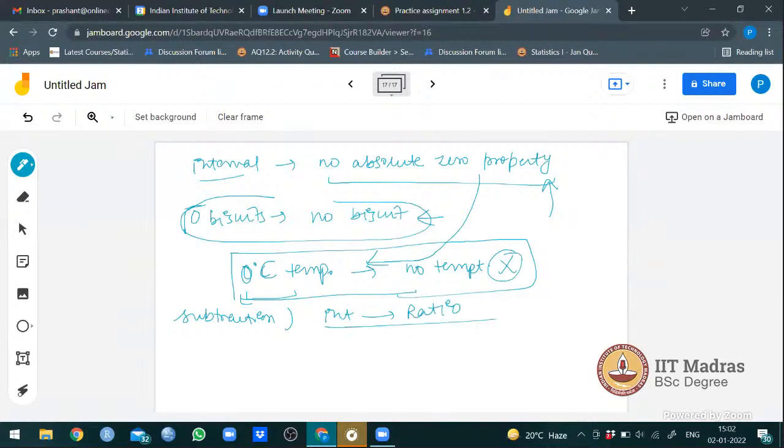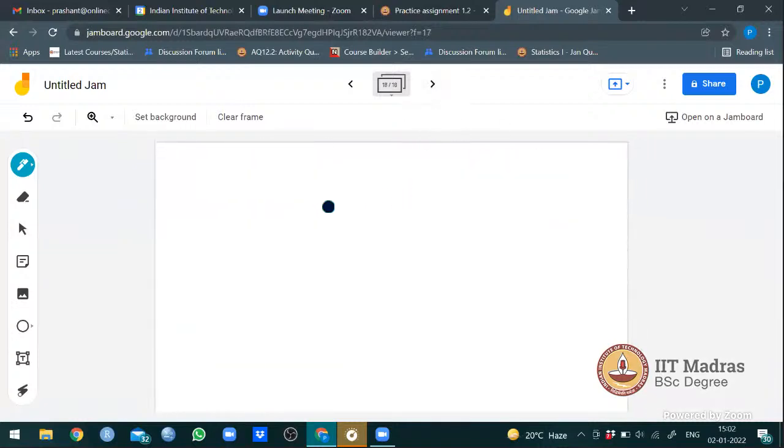Sir, I have a doubt related to interval variables. Why does the ratio not have any meaning for interval variables? In the video she said that we can't say 40°C is double of 20°C. Why can't we say that?